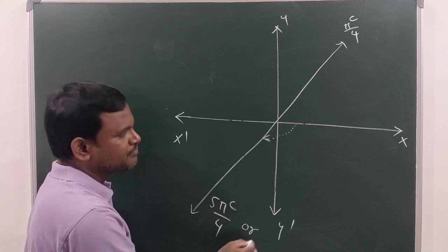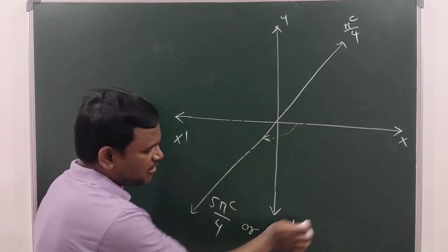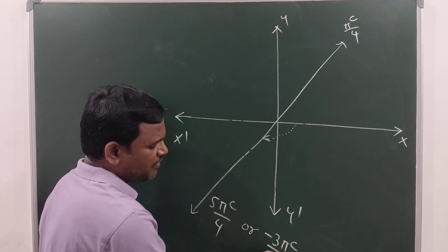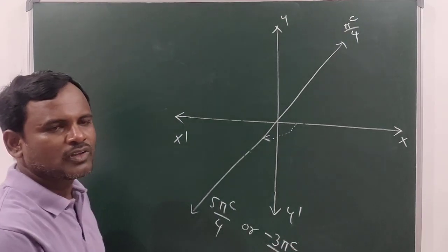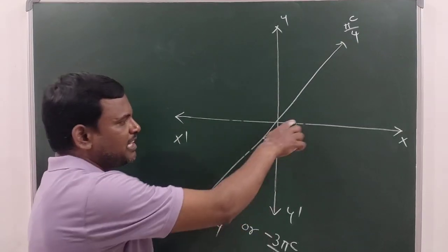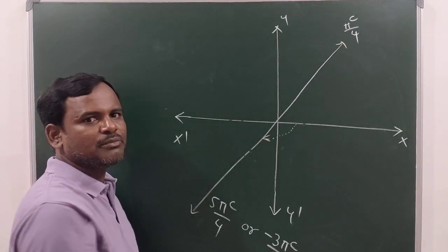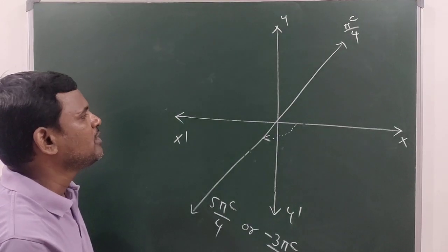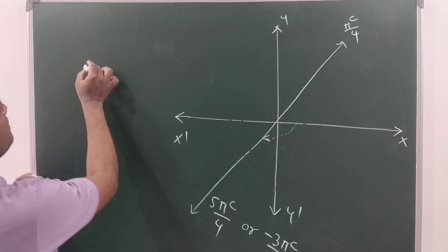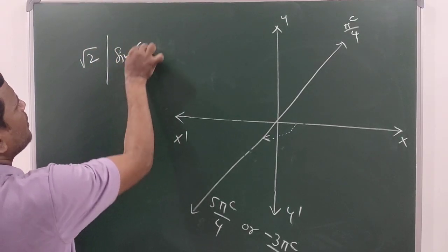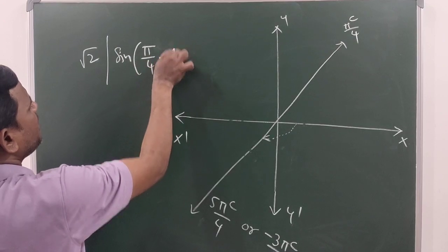Or minus 135 degrees. Okay, this from here to here it is 90, it is 45. So we are measuring in the clockwise, so that I represented with minus 3 pi by 4. Okay, alright. So now observe this, root 2 into mod of sine pi by 4 minus A you got.